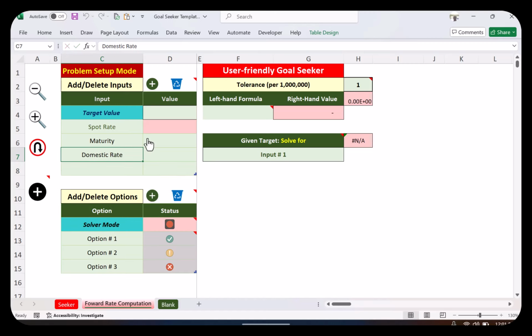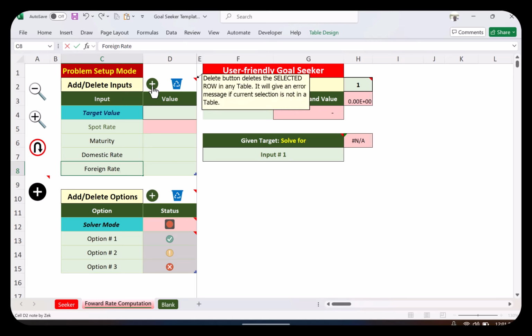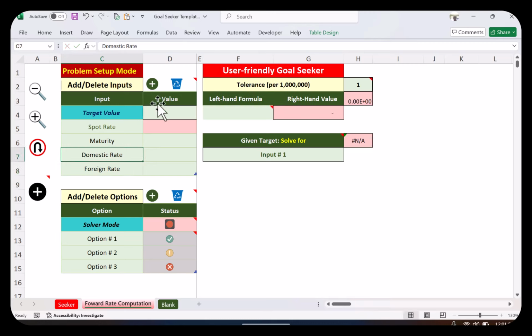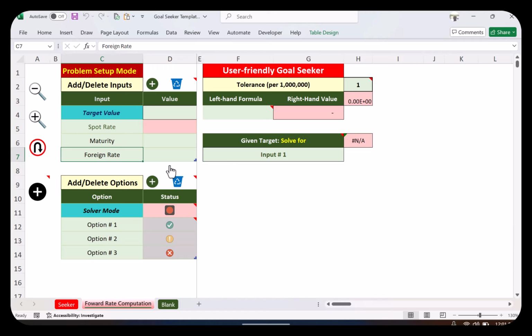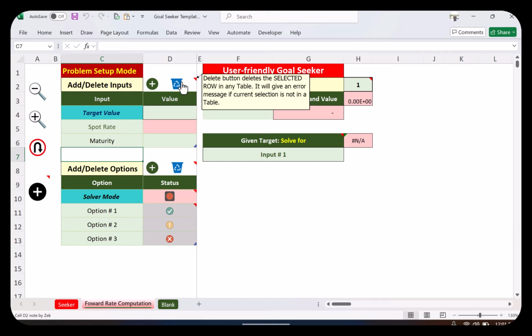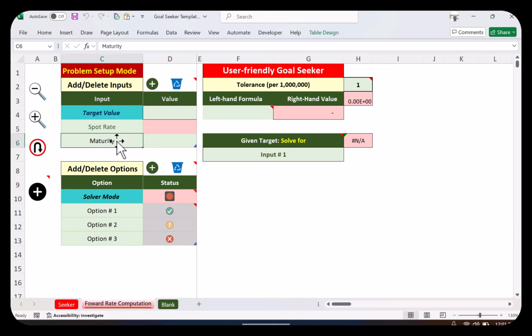I'm going to have foreign rate. By the way, this green plus button adds an input to the table. Okay. If you want to delete a certain input, be on that row and delete it. This recycle button deletes exactly that row. If you want to add, it can be on any row.